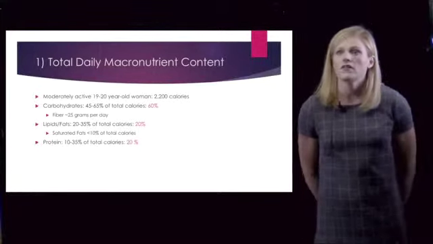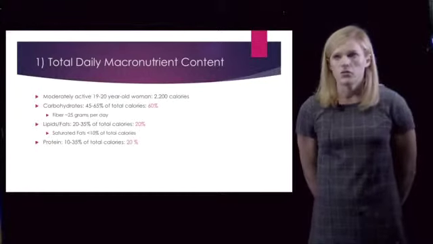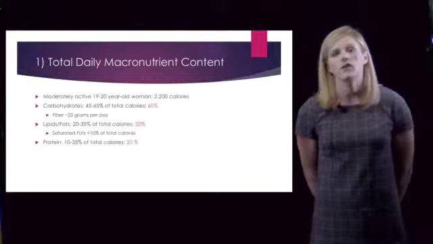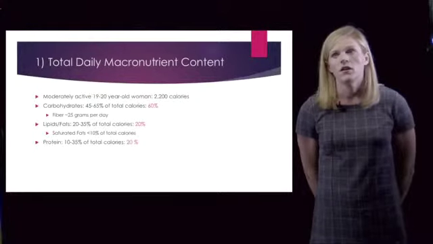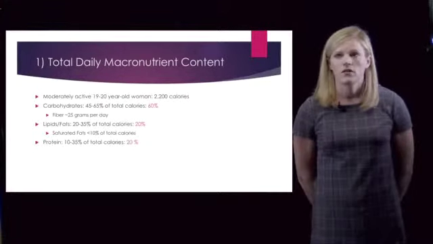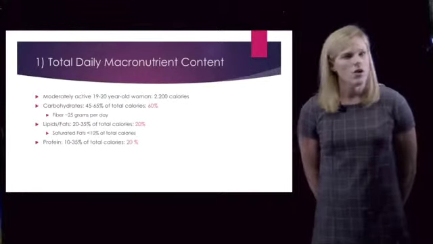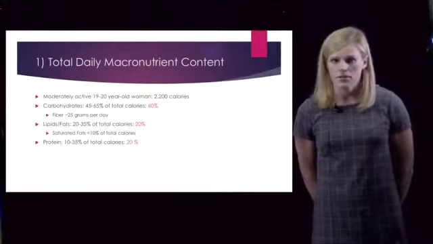For the purpose of this activity, we are going to examine this woman's diet if she is trying to eat 60% of her calories from carbohydrates, 20% from fats, and 20% from protein. That saturated fat should always remain below 10%.